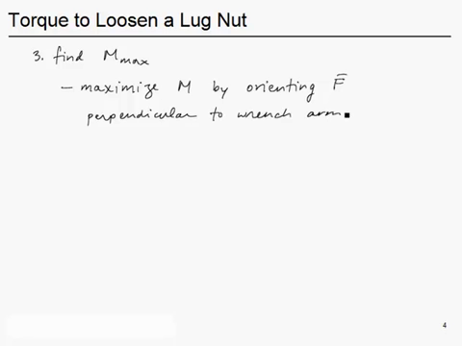Okay, so we're going to write this in a scalar way. We would write M max is going to be F times some moment arm D. That moment arm D is going to be the perpendicular distance from the axis of interest to the point of application of the force.